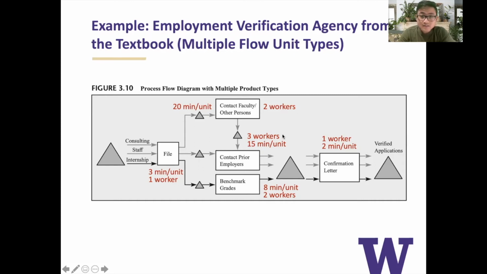Again, the unit is not quite consistent and we are not seeing the capacity. So we're going to do some calculation and then we will get the capacity, okay? So for the file, it's 20 applications per hour. And for the contact faculty or other persons, it's 6 applications per hour, okay?